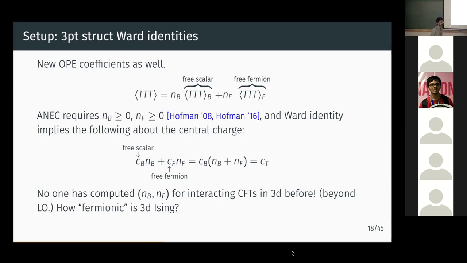To leading order, yes. In particular, in the Chern-Simons case, you have some parameter here, theta, which is a function of NB and NF.